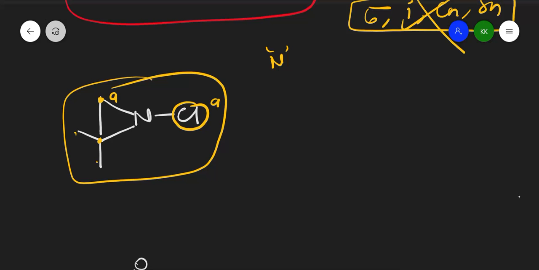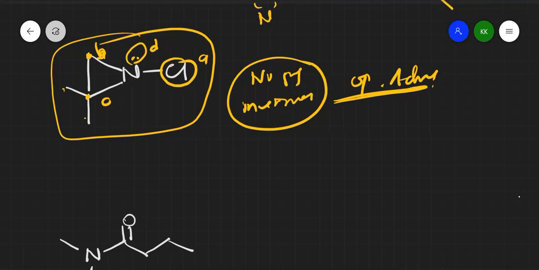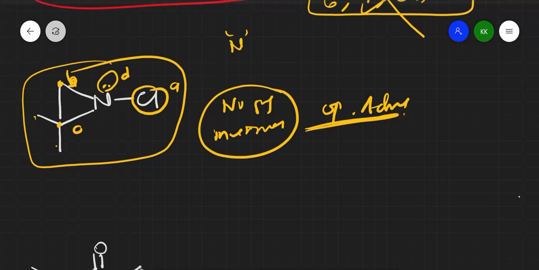Here it is A, here it is B, here it is C, and nitrogen will be having lone pair, that is D. Since all substitutions are different, and also this nitrogen is restricted. Restricted means no pyramidal inversion. Why here no pyramidal inversion? Everything I have explained, right? So such compounds will be optically active. So if they asked you in exam, you should tell whether it is optically active or not. Here no pyramidal inversion, so it is optically active.